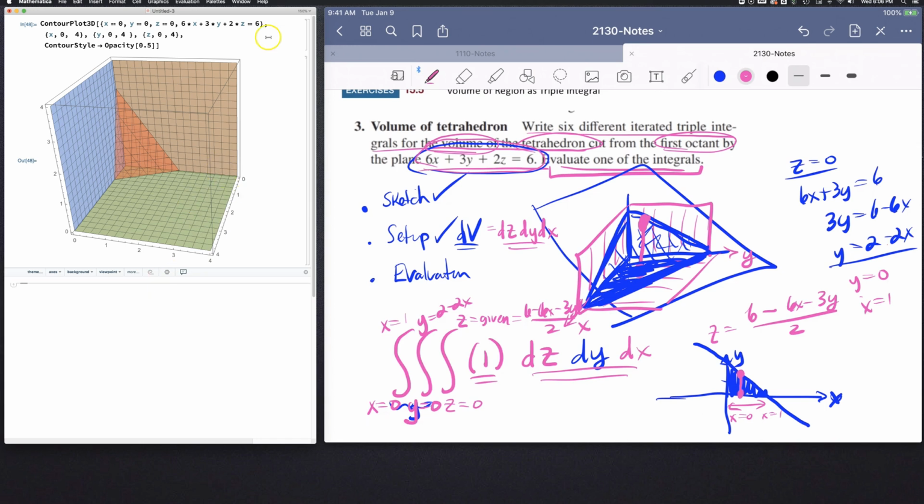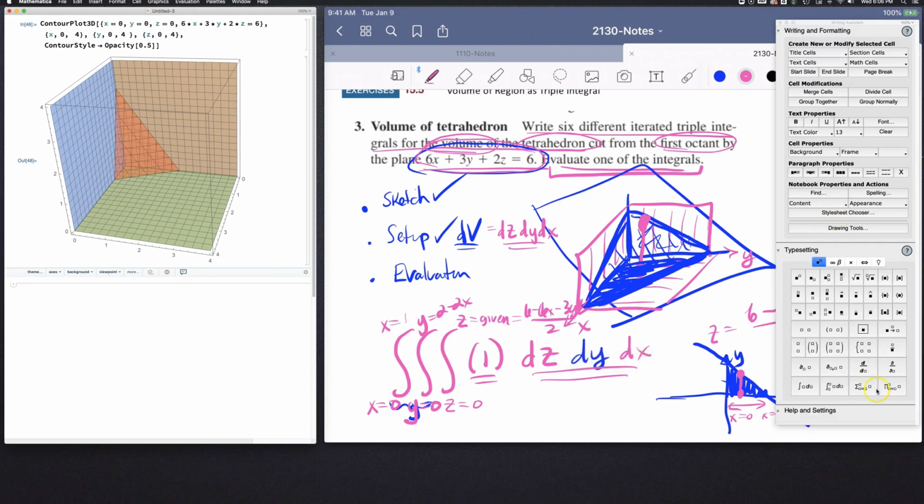Okay, the rest, I will leave the other 5 integrals for you to set up, and you'll know that you will have set them up correctly if you evaluate your integral and it comes out to be equal to, let's figure out what this integral evaluates to. Okay. We're going to be integrating the function 1.